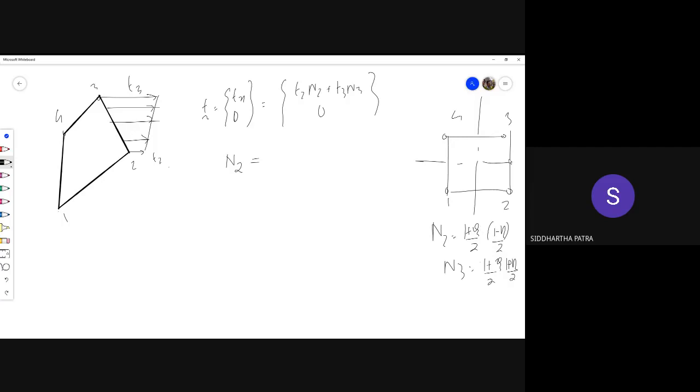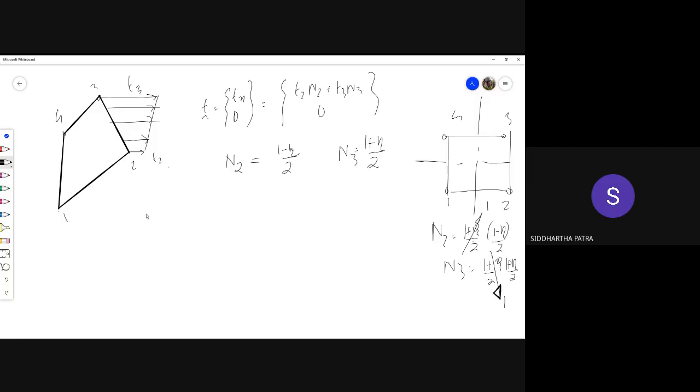Now if you substitute on the line 2, 3, xi is 1, so each of these quantities is 1. So essentially you get the shape functions of a linear bar element. So N2 is (1 minus eta)/2, and N3 is (1 plus eta)/2.